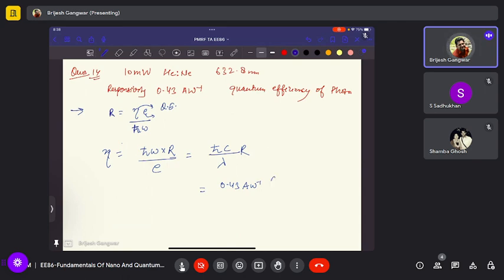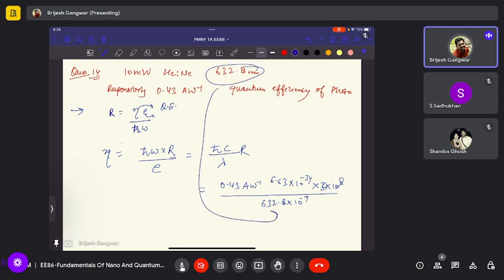H cross will be 6.63 into 10 to the power minus 34, and c will be 3 into 10 to the power 8, and it will be divided by 632.8 into 10 to the power minus 9, because this is in nanometer, and 1.6 into 10 to the power minus 19 will be the value of electron e.